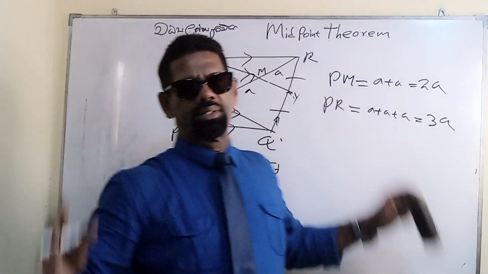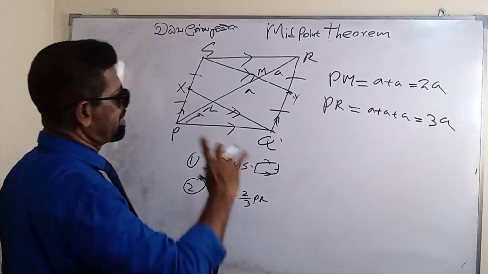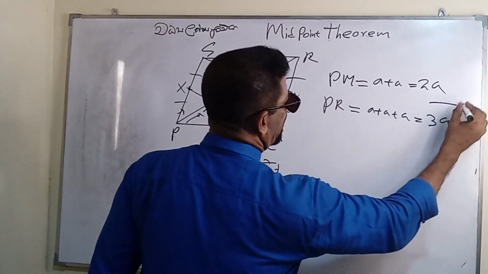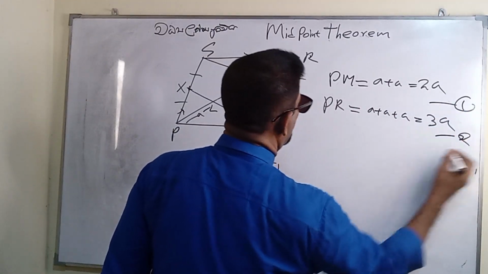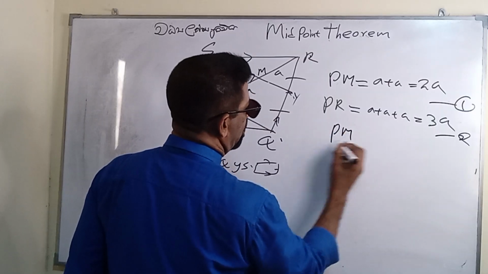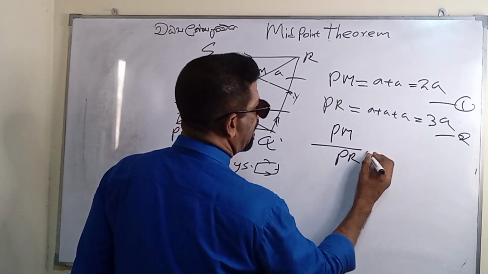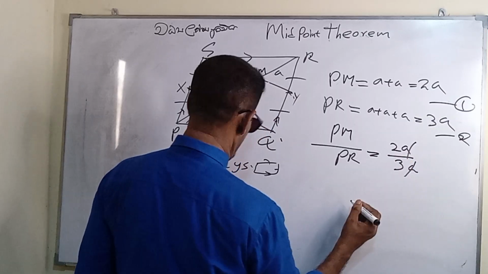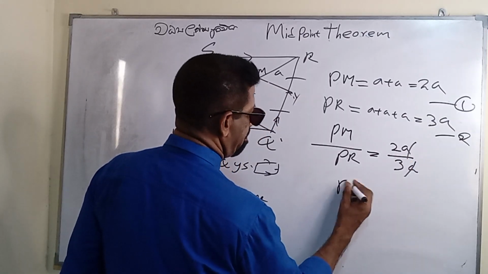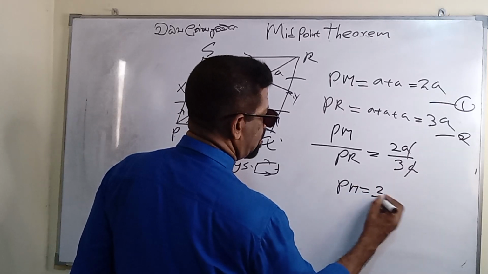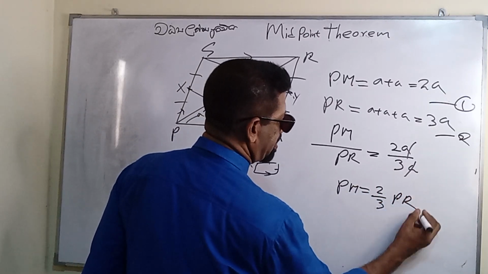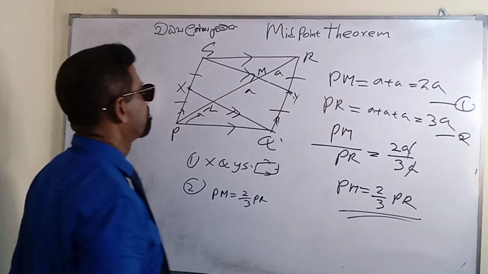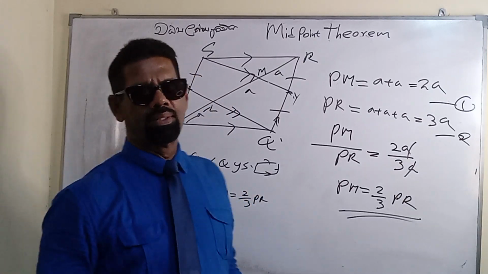Could you understand that? Dividing the first by the second, PM over PR equals 2A over 3A. The A cancels, so we can write PM equals 2/3 PR. That is the way.